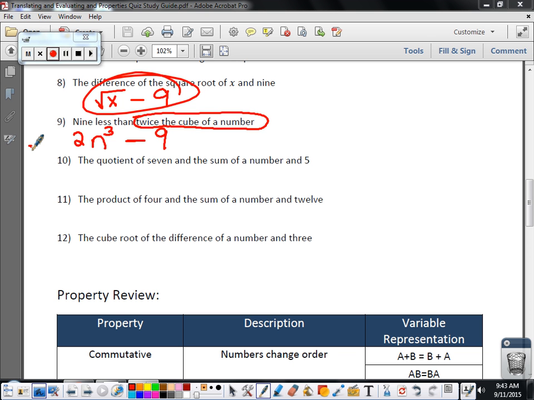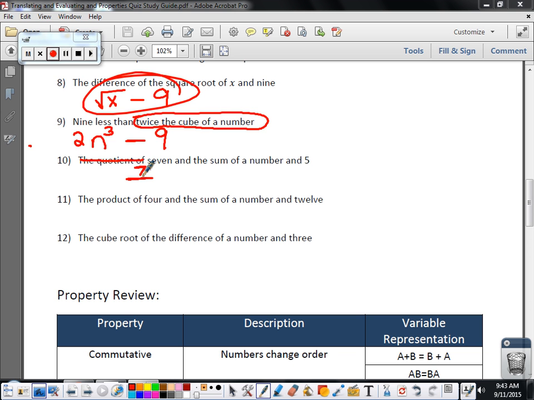Number 10. What's the first real important word you see? Quotient. So what do we use when we see quotient? Yep. And what kind of a division sign do we use? Fraction bar. Absolutely fraction bar. So quotient of what? So what comes next is what's going to go in the numerator, right? The quotient of 7. Okay, so that comes right here.